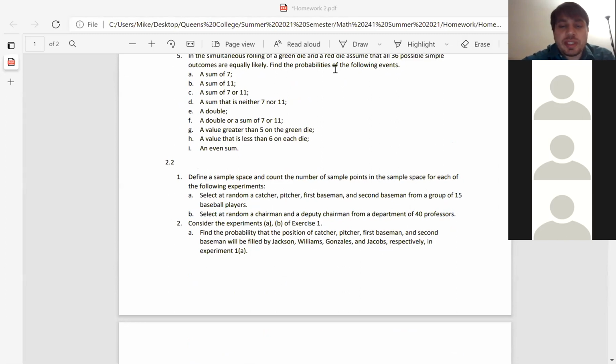So there's a group of 15 baseball players, and we want to find the probability that the position of catcher, pitcher, first baseman, and second baseman will be filled by Jackson, Williams, Gonzalez, and Jacobs, respectively. That's the event. So we want the number of ways that can happen divided by the total number of ways to fill these positions.